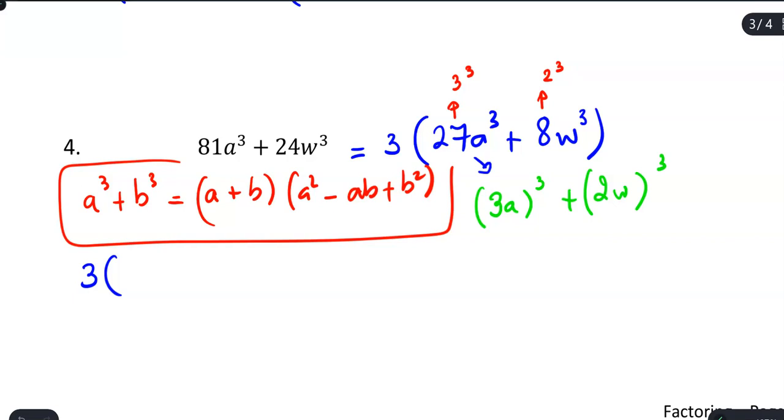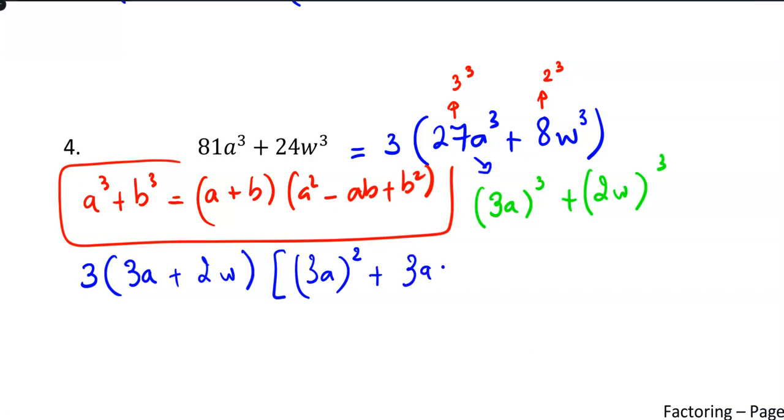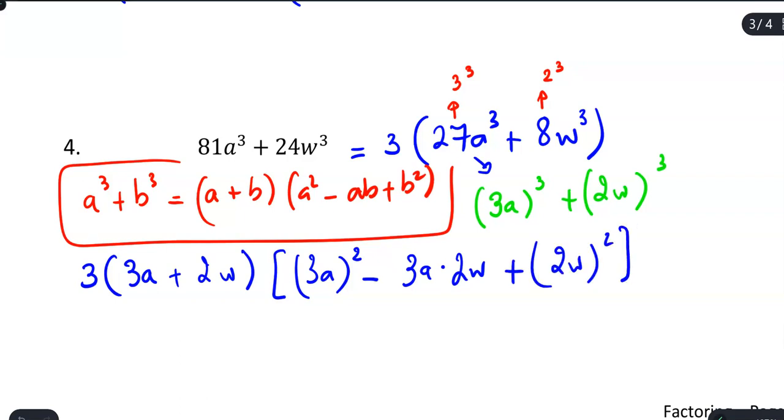Okay, so to remind ourselves, I should have 3a plus 2w. Then this one should be 3a all of it squared, plus 3a times 2w. This one should be a minus according to the formula, then plus 2w all of it squared.